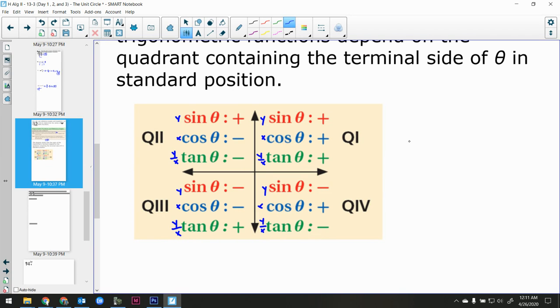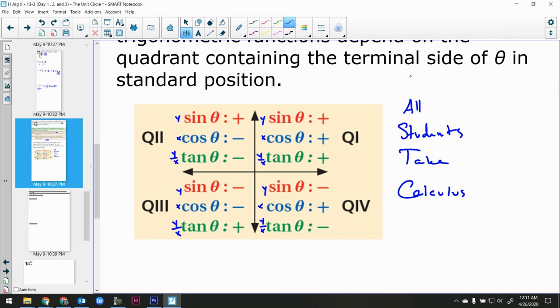Okay. The book likes to give some fancy way to remember which ones are positive in each quadrant. They say all students take calculus. Okay, all students take calculus.